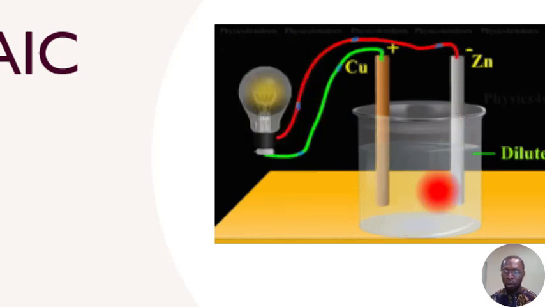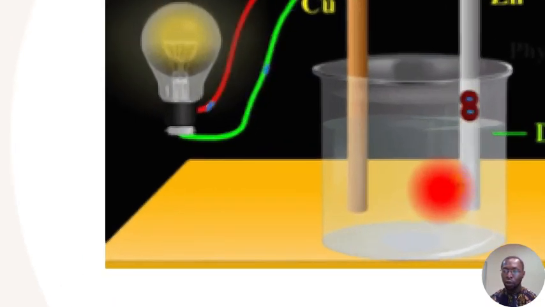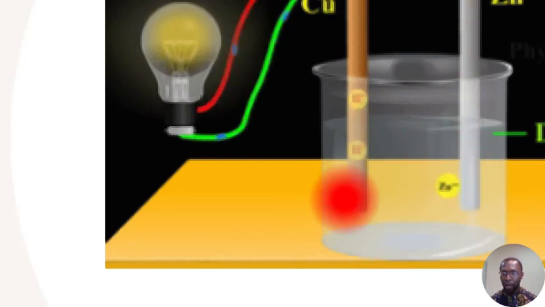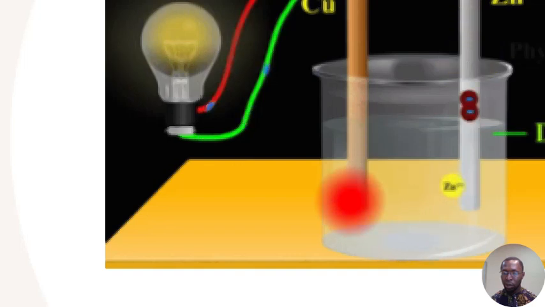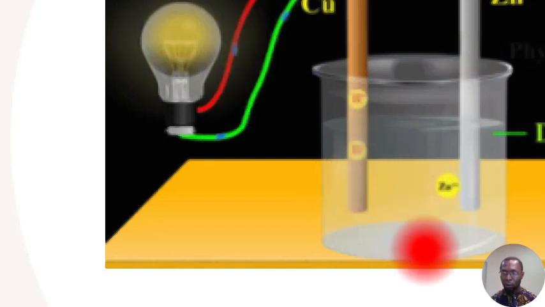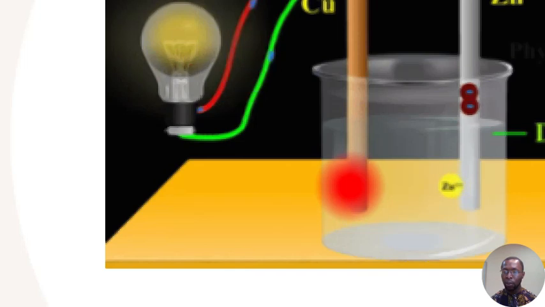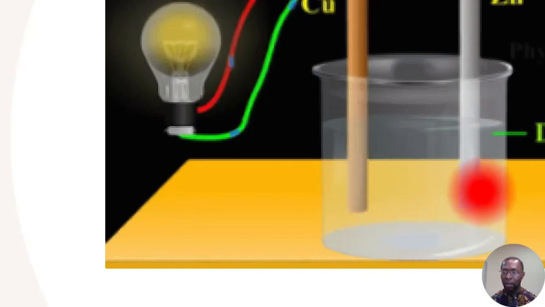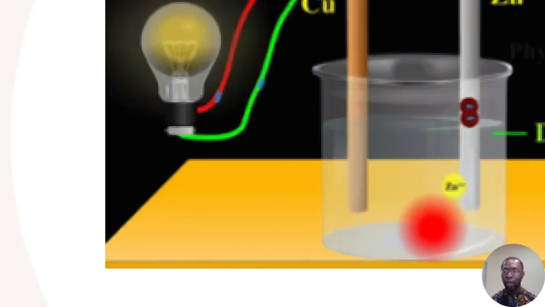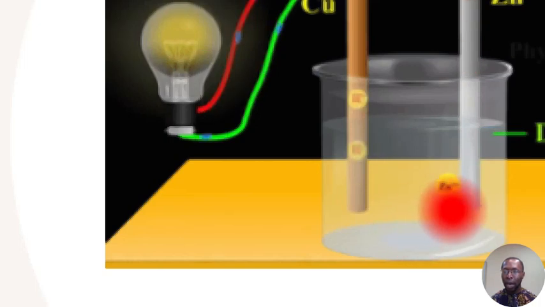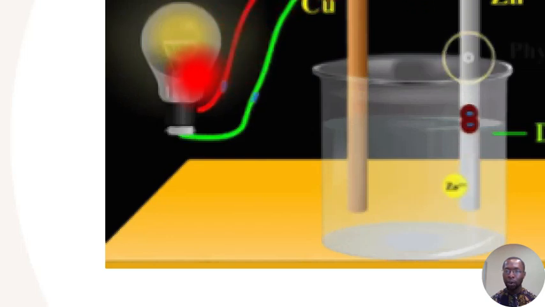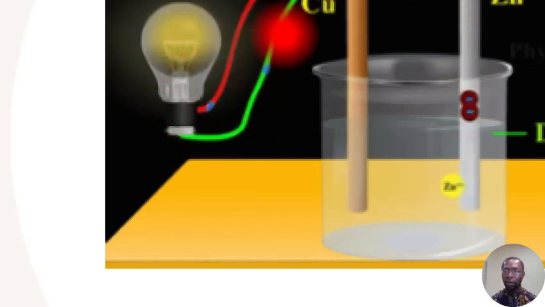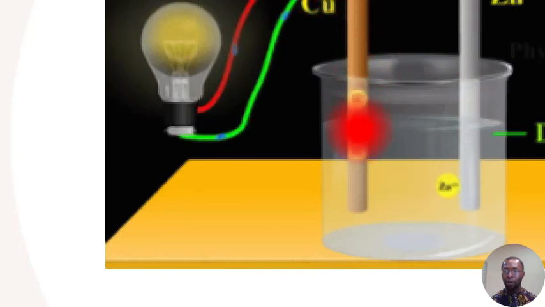If you take a closer look at this very well, you will see that hydrogen gas is going straight to the copper electrode. You can see it accumulating at the copper electrode, while the zinc is dissolving into the electrolyte. And that is why we can see the electrons moving from the zinc through the wire, and that's what lights the bulb, and then it goes back through the wire again to the positive electrode.